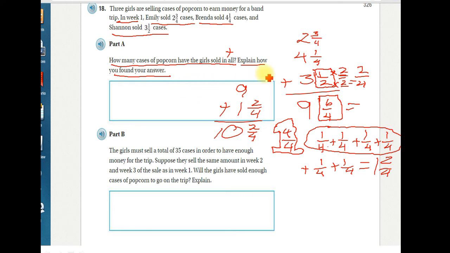Okay. Explain how you found your answer. Well, what did I do? I added the amount each girl sold.